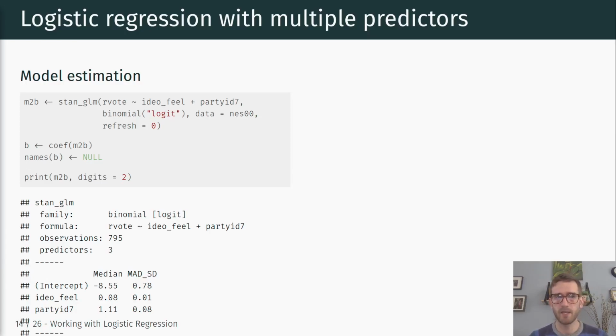Okay. So in order to specify our model, we just extend the formula specification by adding a second predictor, party ID 7. This is, as the name suggests, a 7-point party identification scale from strongly Democrat to strongly Republican. And we're just going to treat this as quasi-continuous.